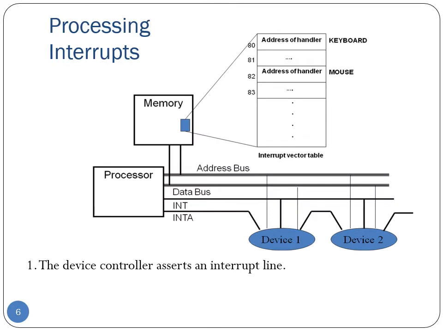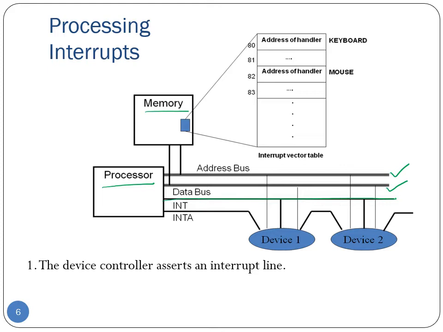Let's consider this example computer system for understanding the interrupts. This is our CPU. This is the main memory. This is the address bus. This is the data bus. Then we have an interrupt line. This line over here is the interrupt line. This is the line where an IO device would assert a signal if it wants to interrupt the CPU.